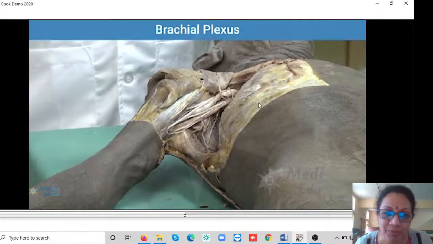Now that's not how you will do it when you do the dissection. There will be only an axilla which you would have exposed, because it is a continuation of the pectoral region dissection which you would have done. So this was done like a specific window dissection for brachial plexus alone, right?